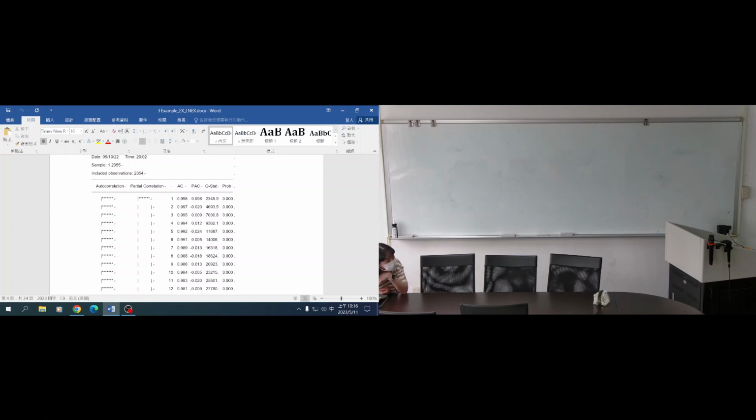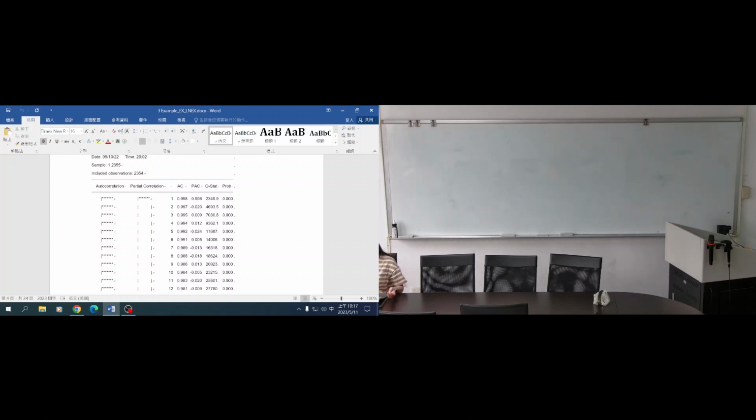Look, the probability is very small, right? The null hypothesis is no autocorrelation, and the alternative is autocorrelation. So this p-value is very small. What does that mean? It means highly correlated. We reject the null hypothesis of no correlation, right?